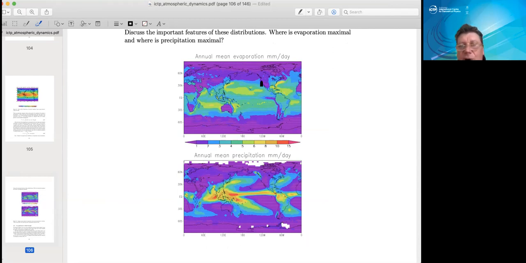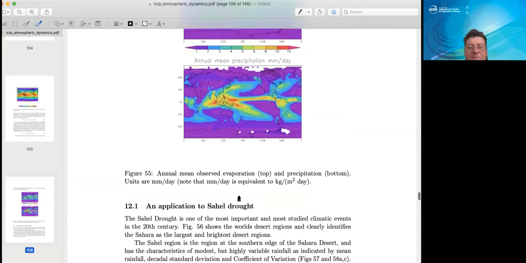And it tells us that those regions do not coincide at all. So that means there's a very important hydrological cycle going on. Water vapor that is gained in these regions is transported around and condenses somewhere else and then is flushed out as precipitation.